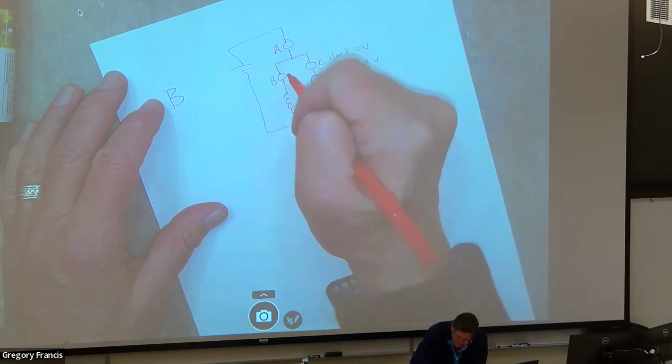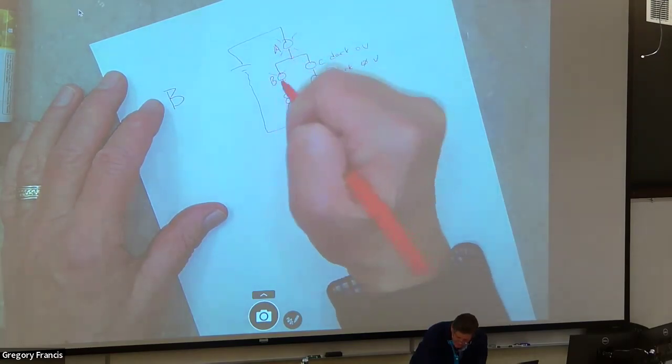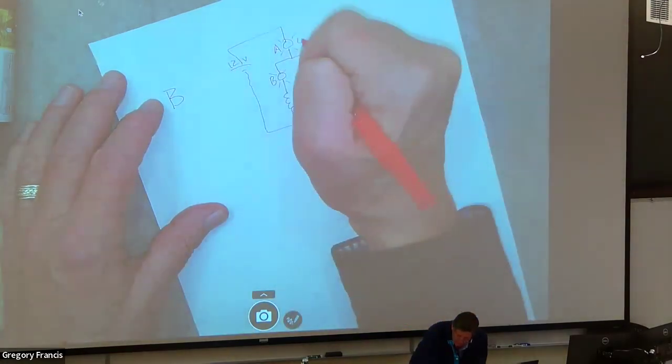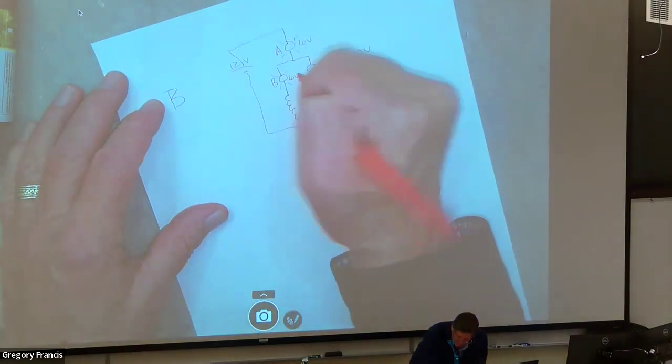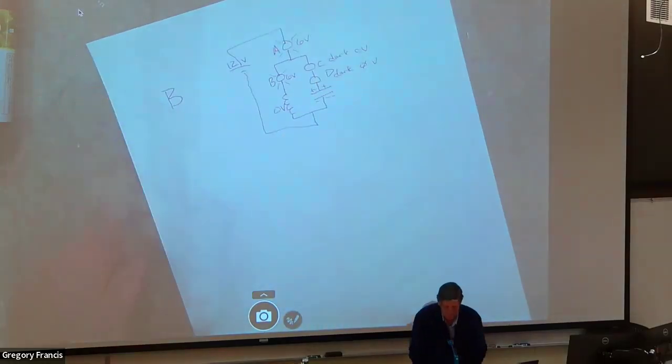And this one is in series with A now. And if it's a 12 volt battery like it was in your homework, this is going to be 6 volts and this is going to be 6 volts. And this is going to be 0 volts, okay?